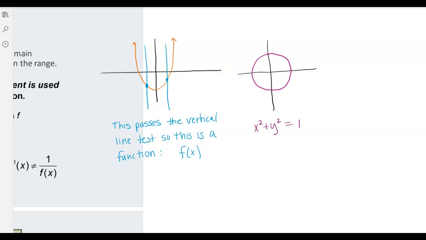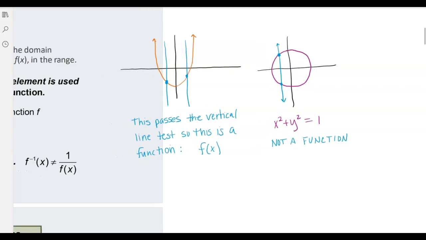That 1 on the right-hand side is related to the radius of the circle. But if I were to draw a vertical line here, it's intersecting the graph in 2 locations. So this is not a function. It is a relation. It is a graph that we can see, but we would need to remove half of that picture if we wanted it to, in fact, be a function.